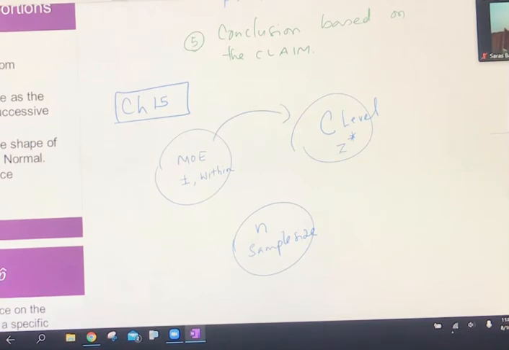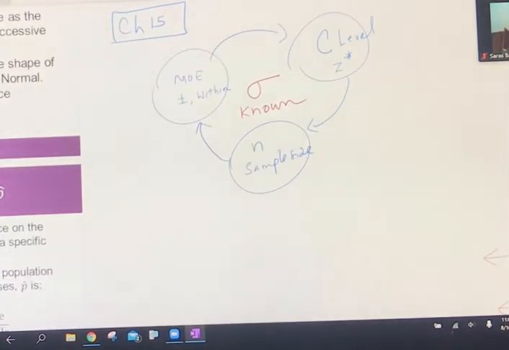These three pull each other, and in all cases, sigma, the population standard deviation, is known. I told you there is a relationship between these three numbers. As n increases, sigma over square root of n goes down, and the margin of error goes down. As the C level stretches, your margin of error stretches. That means they are all affecting each other.